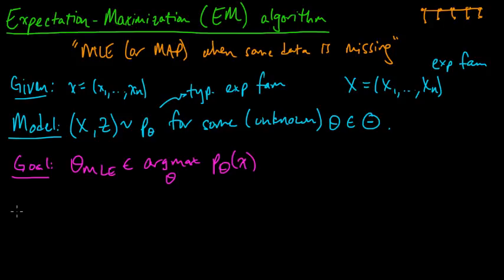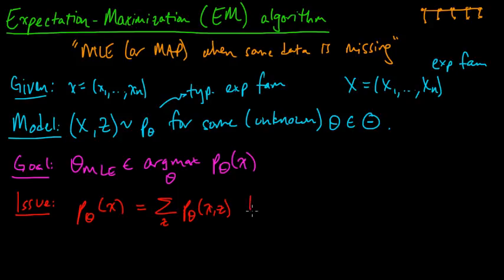We've done MLE before, and what makes this so different? Well, here's the issue. As I was just saying, this is a marginal distribution. So if you write it in terms of the joint, it's this sum over z's. And this is difficult to maximize.